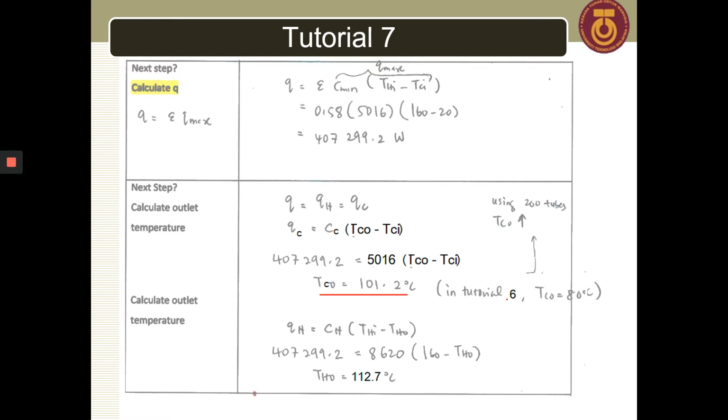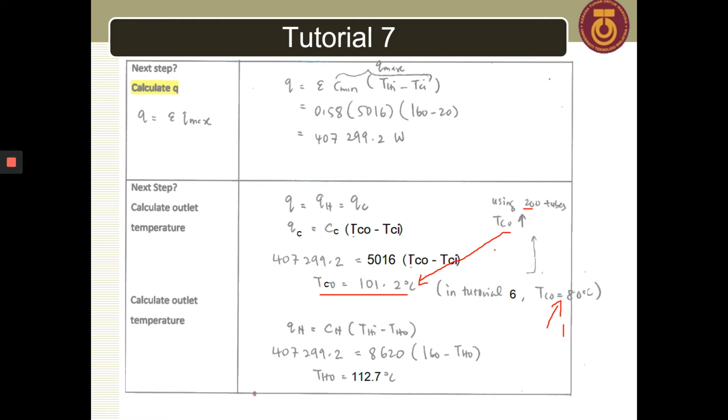In tutorial 6 last time, the TCO was 80 degrees C. So this shows that when you use 200 tubes, the TCO increases, because TCO 80 degrees was only for one tube. This one is for 200 tubes. So you see that the temperature increases.